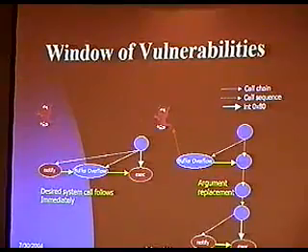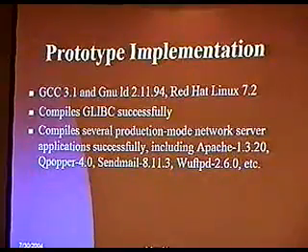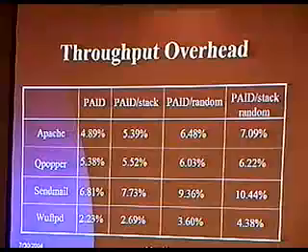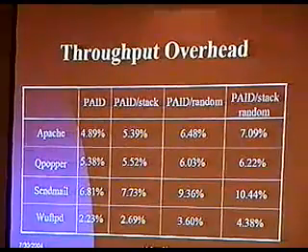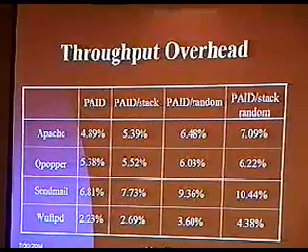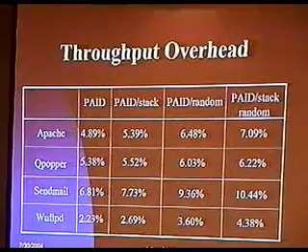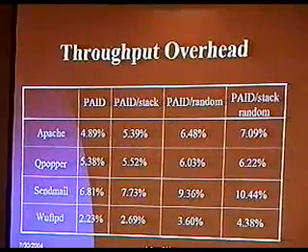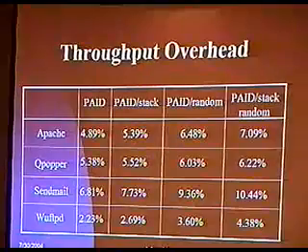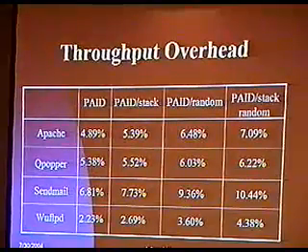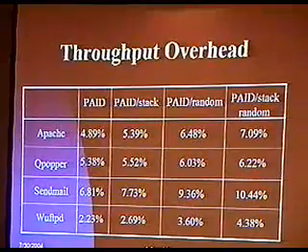So we have a prototype implementation, and I just want to show you the throughput. Basically, we try it on a bunch of large programs to see whether all these mechanisms that we add incur a lot of performance overhead. It turns out the performance overhead is really acceptable in most cases.